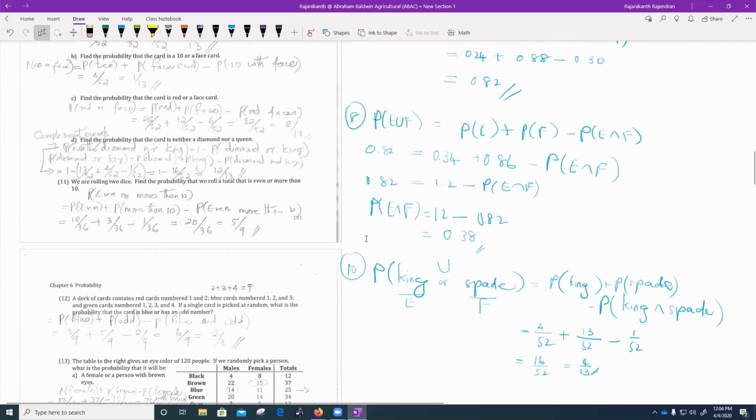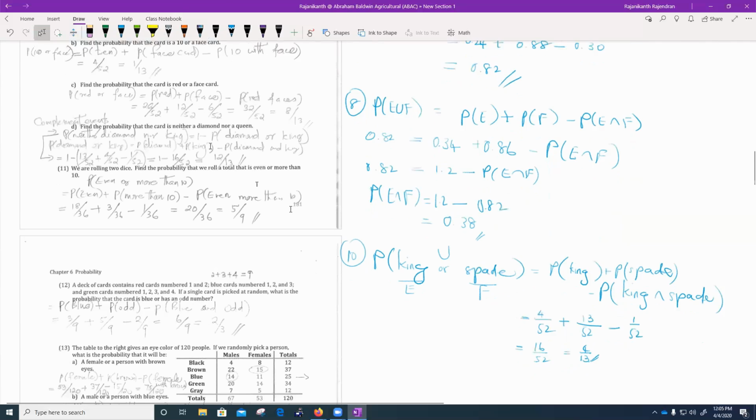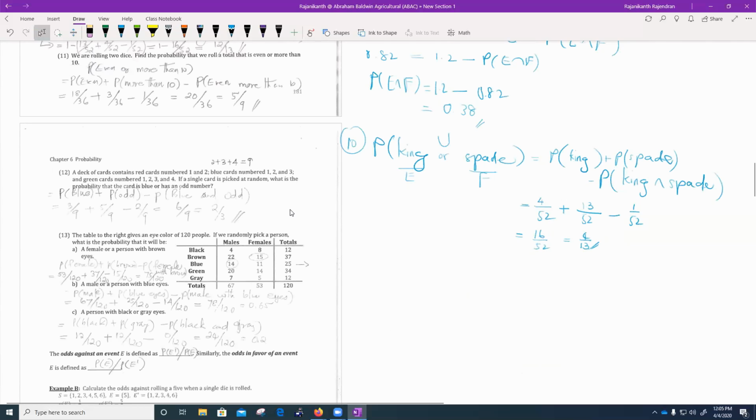Okay, so part B is similar, finding 10 or face card. So the probability of 10 plus the probability of face card minus 10 with face.